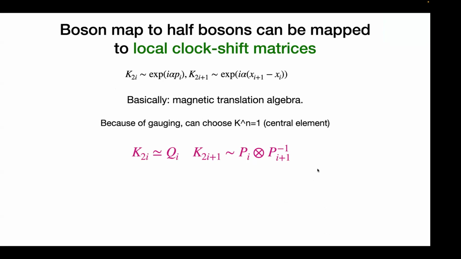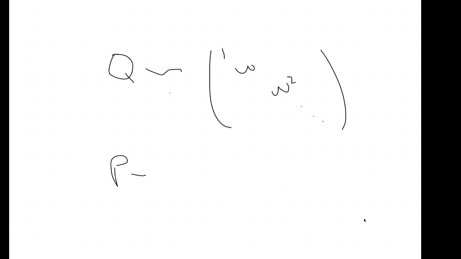Yes. Let me do it this way. The clock-shift matrices: roughly, Q is 1, omega, omega squared, etc. And then P behaves like 0, 1, 0, 1, and it's also unitary, so it wraps around over here.